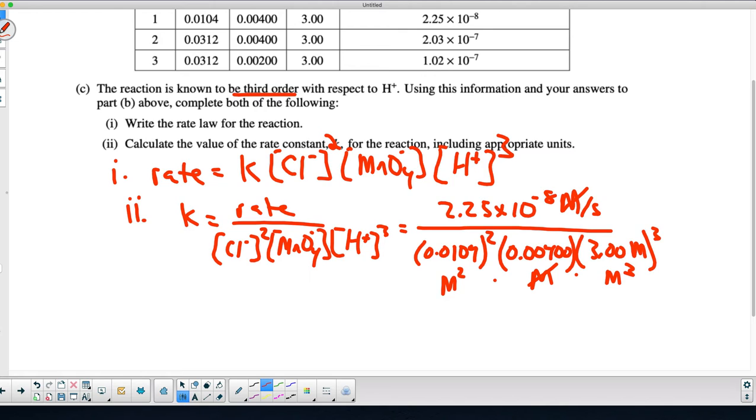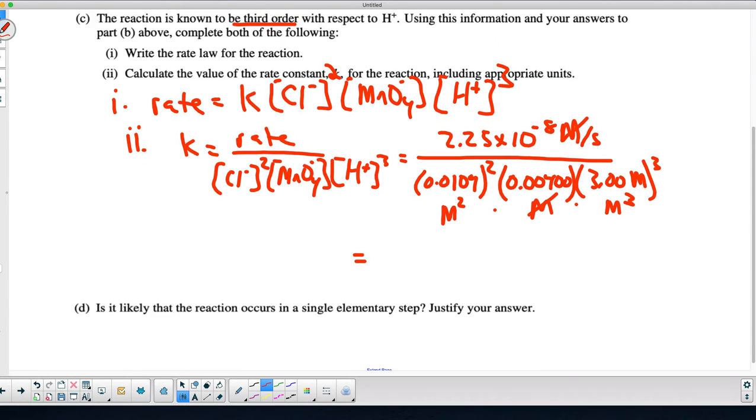As far as the units are concerned, when I do all of the calculations, and you've got to be careful with this, I end up with the number 1.93 times 10 to the negative third, and I have M squared and M cubed on the bottom, which is going to equal M to the minus 5.